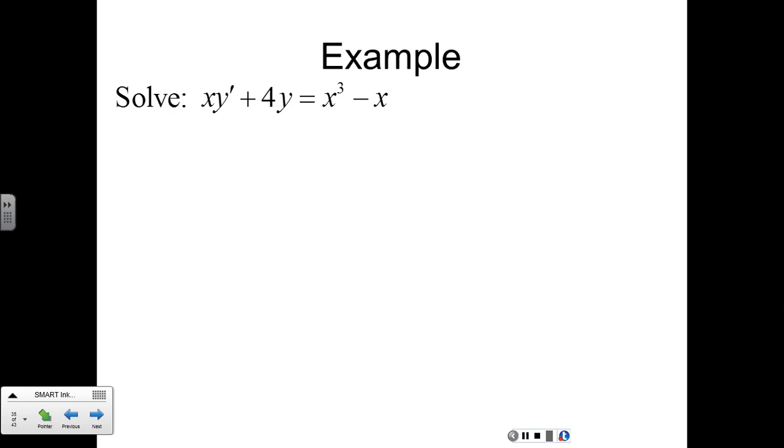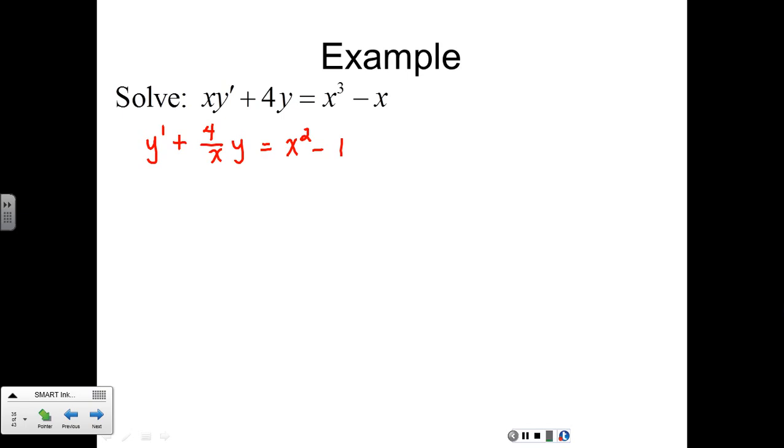Is this in the preferred form? So I'm going to do what I need to do. Divide through by x, first step.